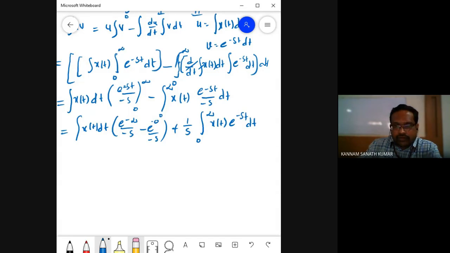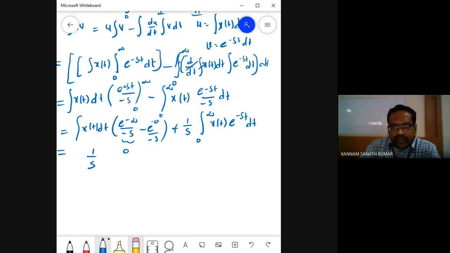So now you calculate this. Anyway this one is 0. E power 0 is 1. So minus into minus is plus.